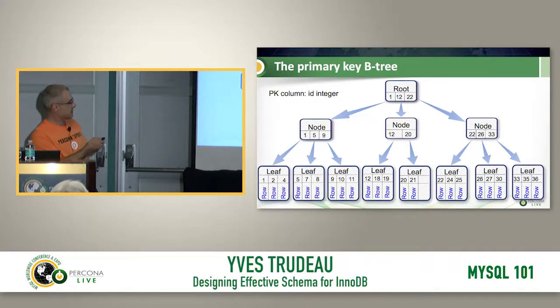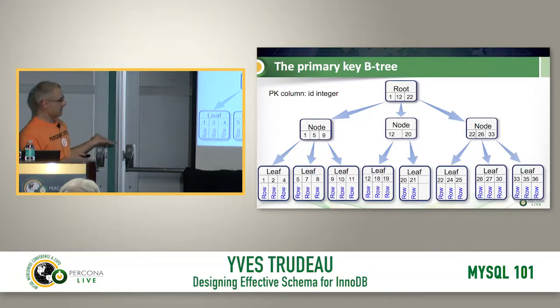So that's the root. You have nodes, which don't have data. They just point to other pages. And eventually, you hit the bottom where you have leaves. The leaves are where the rows are stored. I mean, the root could be a leaf if you have a table with 1 row.